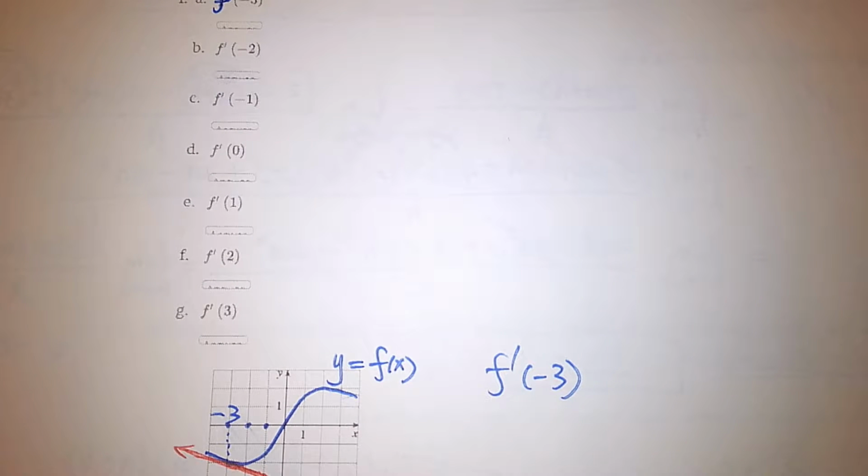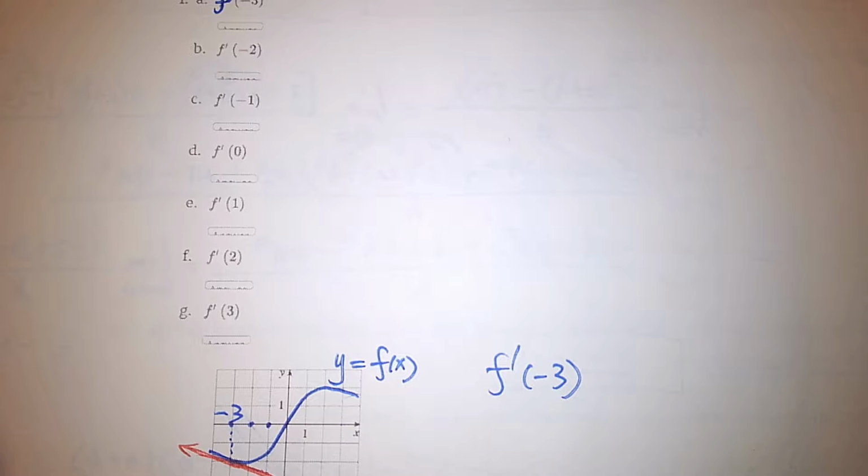It's a little steeper than -3, exactly like that. Alright, so this is in section 2.7, practice. -0.2. This is an estimation.